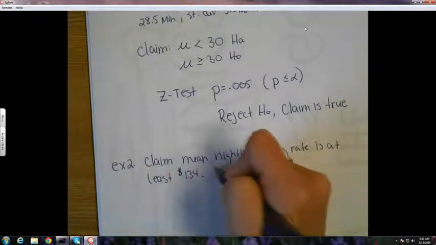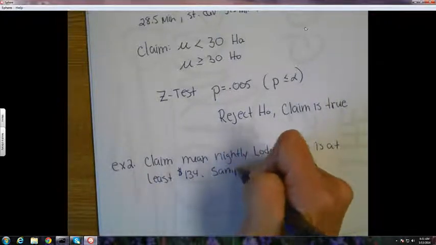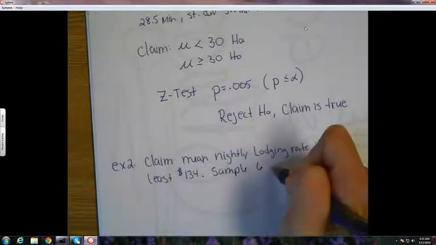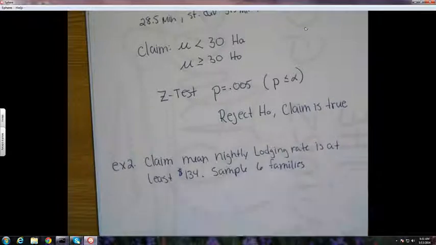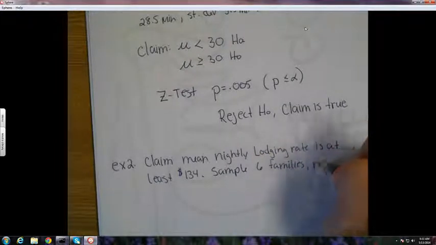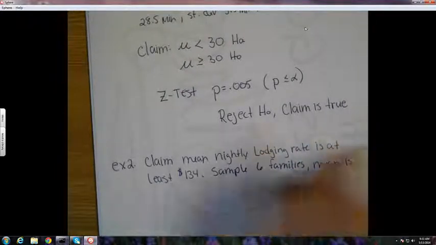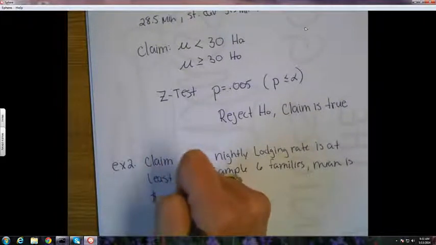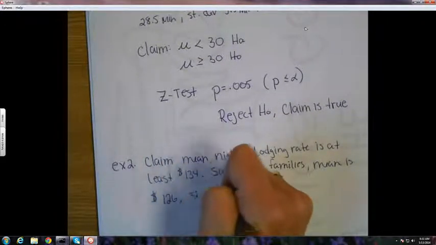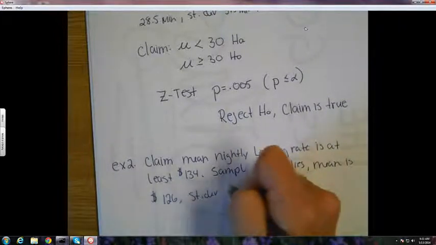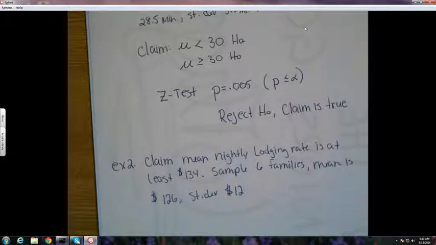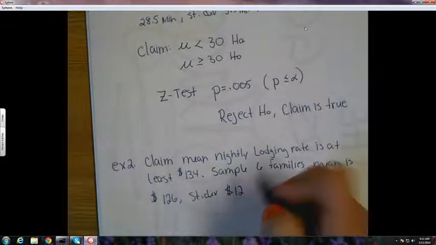A random sample of 6 such families, and they have a mean rate of $126. Standard deviation, $12. Test this at 5%.